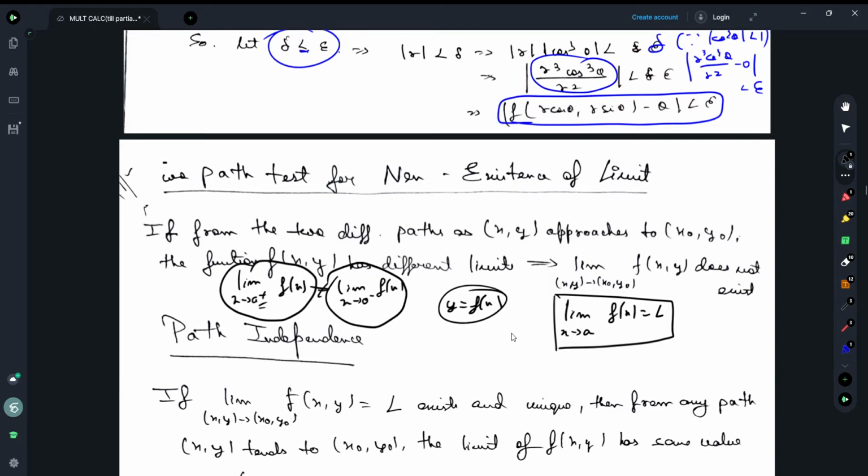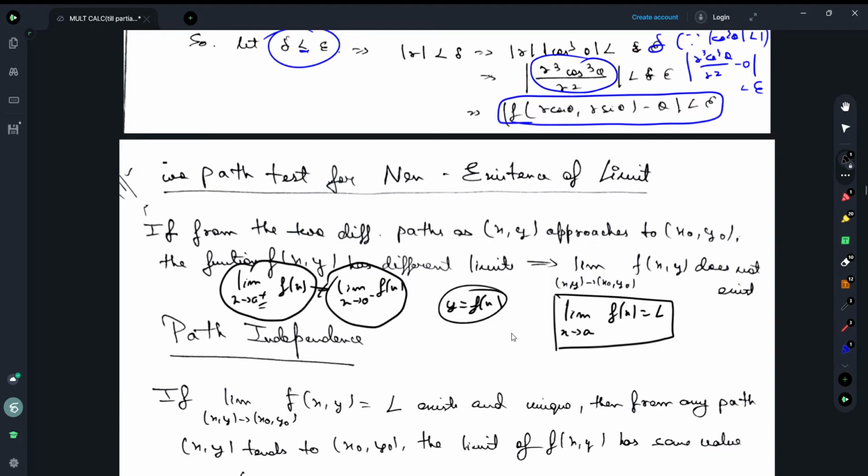We used to say that the limit as x tends to a of f(x) does not exist, right? So we can clearly see that for a limit to exist, we need to check whether approaching that point from every possible direction gives you the same value for the function, right? So we have a similar concept here as well.